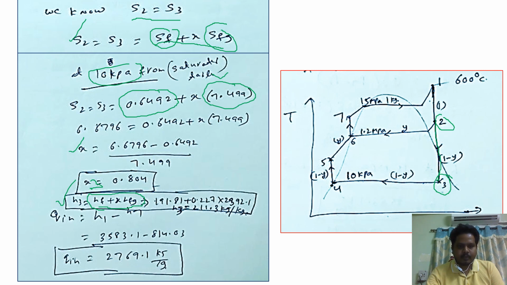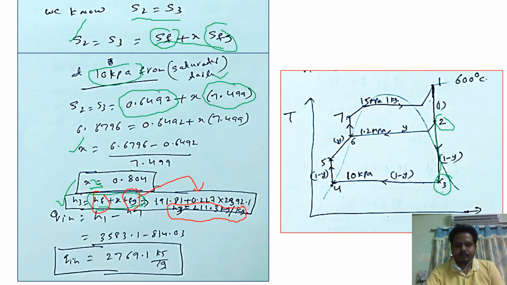Here also the HF and HFG values we have to take from the steam table at 10 kilopascal, because point 3 is in the saturation zone. Once we take the values from the saturated steam table, we get the H3 value, that is 2113.3 kilojoule per kg.